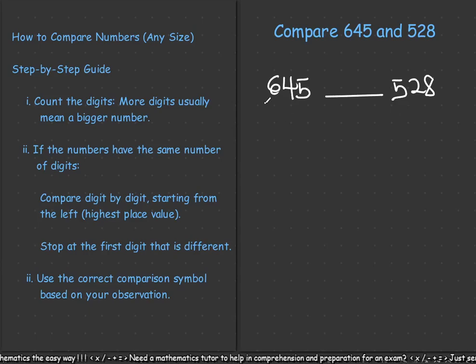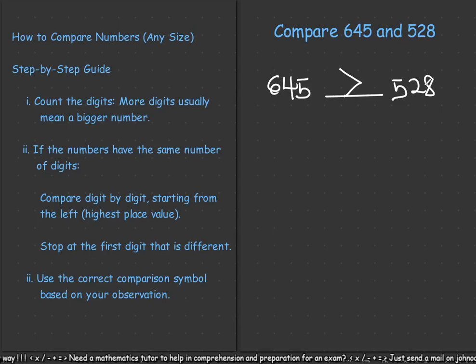So this here is 5, whereas this here is 6. By comparing the first digit, we realize that they are different. And which one is bigger? 6 is bigger than 5. So with that, we can go straight and say 645 is greater than 528. You see how simple it is.